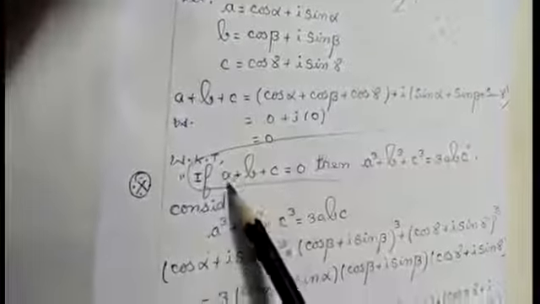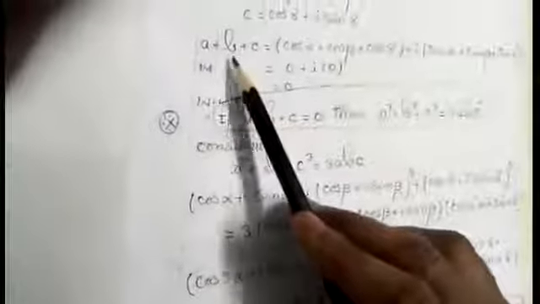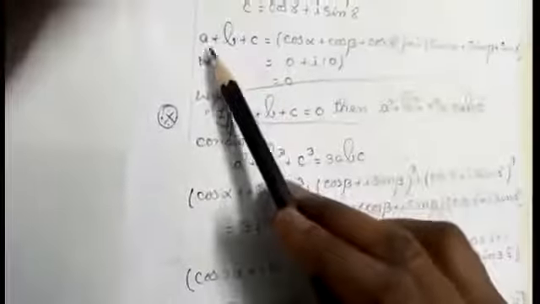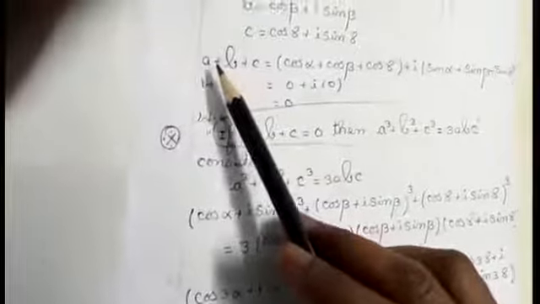First, I am going to check whether when I am adding A, B and C, I am getting the answer as 0. So first, what I am going to do is, I have done the calculation one step before, that is A plus B plus C. So, what is the value for A? Cos alpha plus i sin alpha. While I am writing itself, I am writing like this, that is real part plus imaginary part.